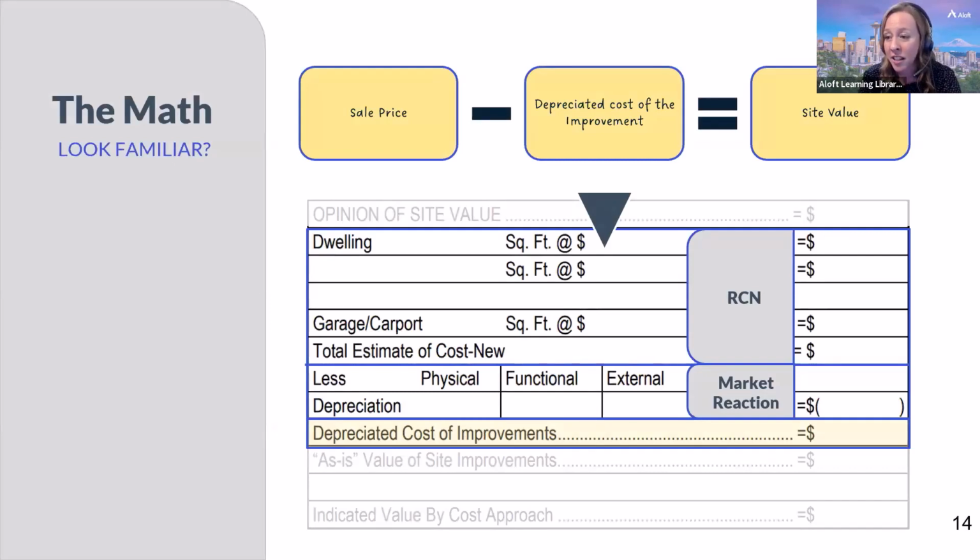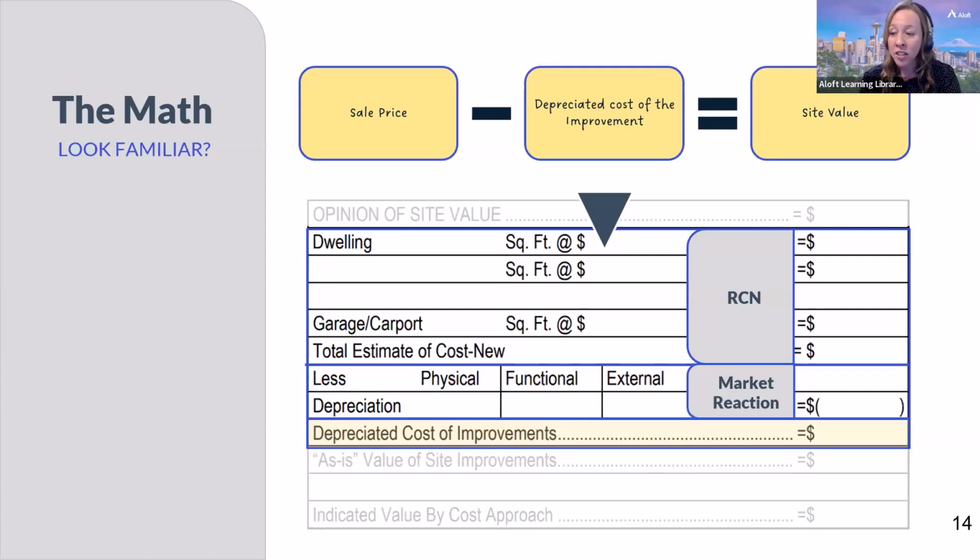Because you are deducting the improvements from a market-tested sale price, so an actual market value, it already incorporates the market's reaction to these items, to the as-is value of the site improvements, to the land, to the improvement. So you're already starting from a better place of being able to capture the market's reaction.